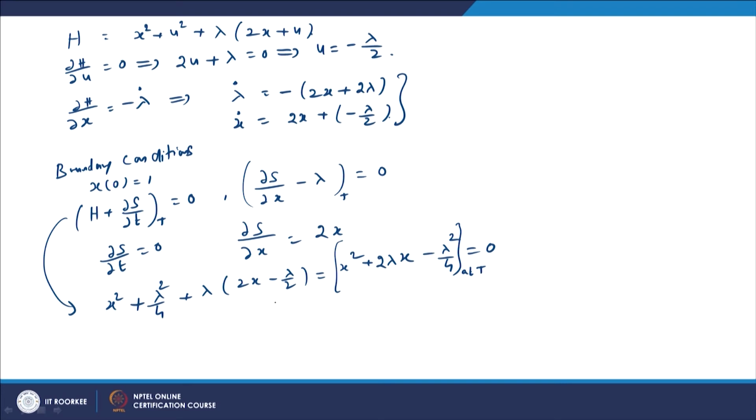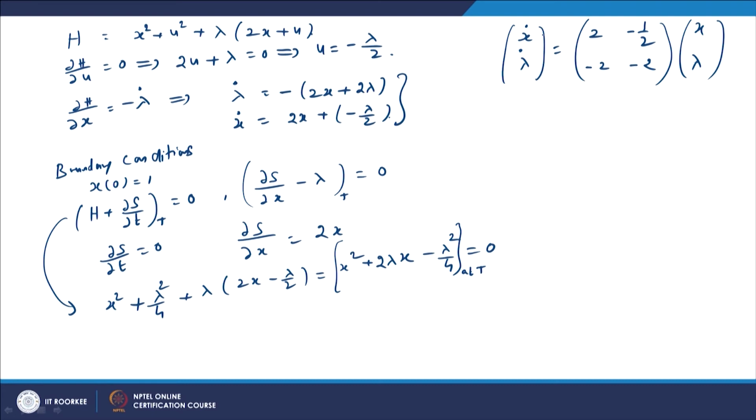We have to solve. We can write x dot and lambda dot as a matrix with entries 2 and minus 1 by 2, and minus 2 and minus 2, acting on x and lambda.